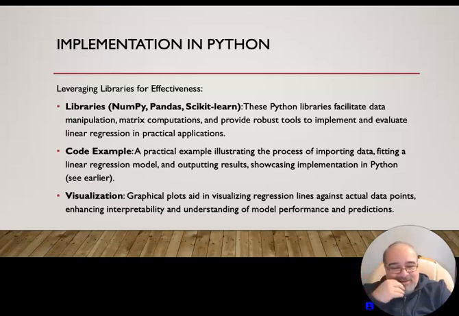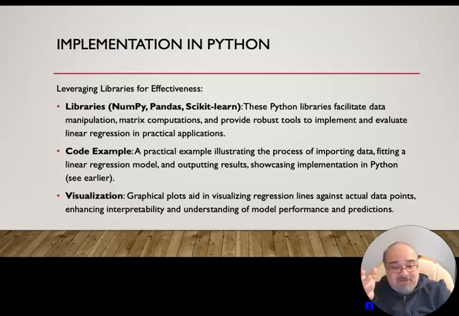We're going to be really looking into that in a lot of detail. Through some of these practical code examples, we'll illustrate how to load data, build, and then train a linear regression model, but also efficiently extract outputs from there. We'll also employ visualization techniques to help us graphically represent the regression outputs. Also help reinforce our understanding of the model's effectiveness and its predictive capabilities.